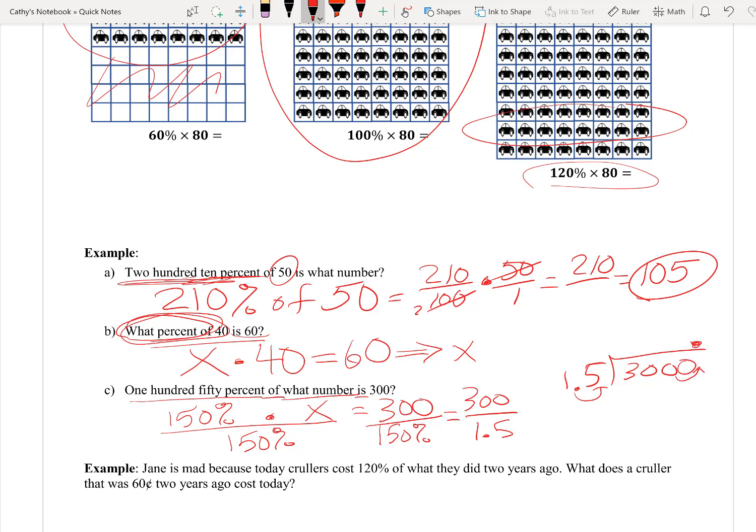Put it in your answer. 15 goes into 30 two times, so 200 is your answer. 150% of 200 is 300, right? 150% means the whole thing plus another 50%. 50% of 200 will be 100. So 200 plus another 100 is 300. So 150% of 200 is 300.